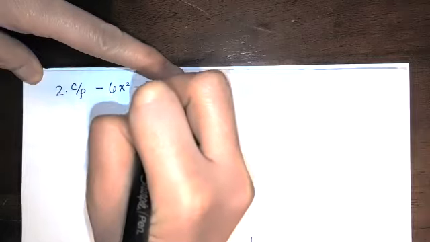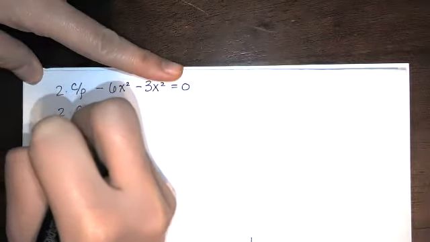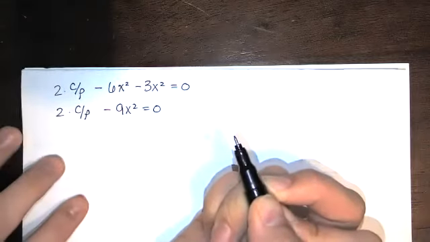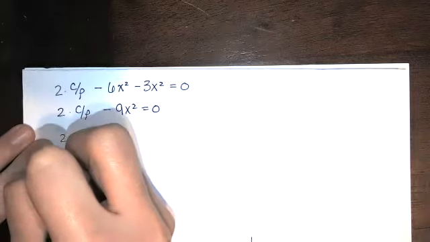Okay, so now we're here. I've got 2 times c over rho minus 6 times x times y, and y equals x, minus 3x squared equals 0. So 2 times c over rho minus 9x squared equals 0. And we can add this to both sides if we want to.